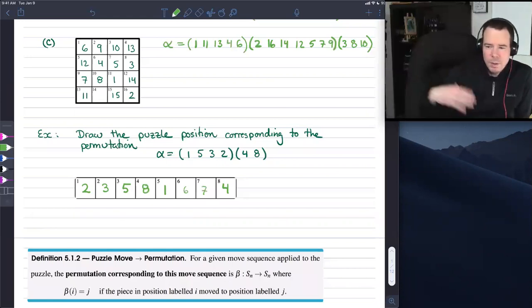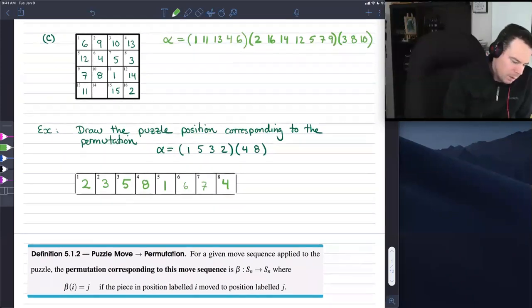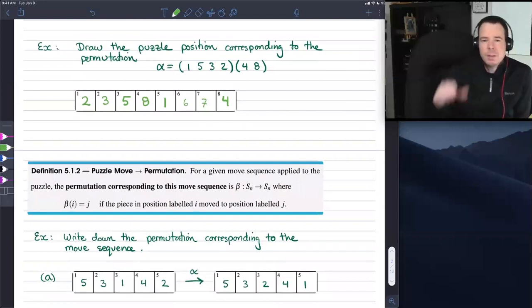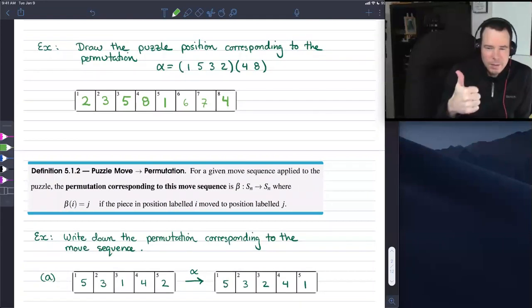So we can go either way, starting with the position, find the permutation, or starting with the permutation, find the position. So with that position to permutation, it was thinking tile number, what box is it now in? And that's the goes to.